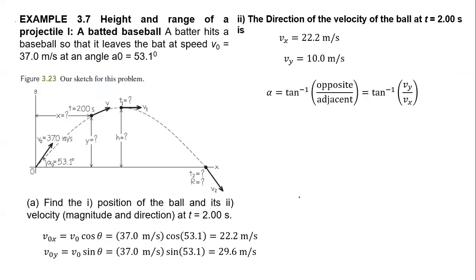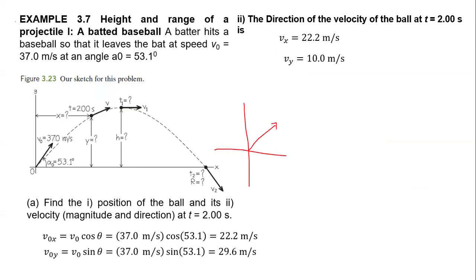For the direction, it's obvious that your direction is in the first quadrant. Your v_x is positive, and your v_y is positive. So this is my v, this is my v_x, and this is my v_y.